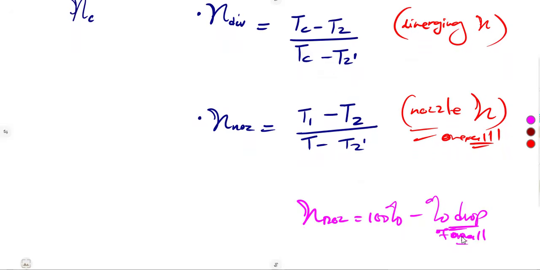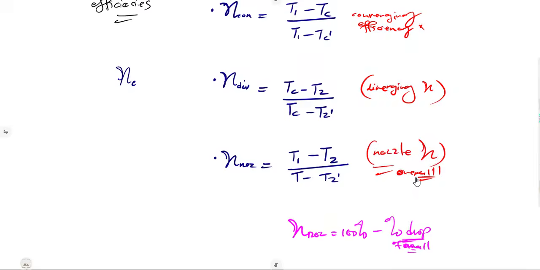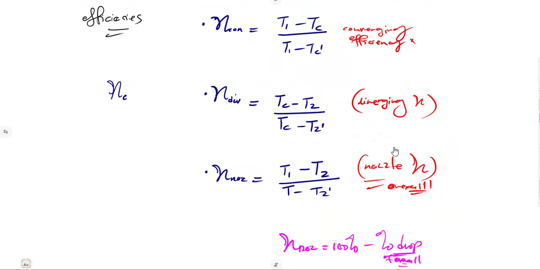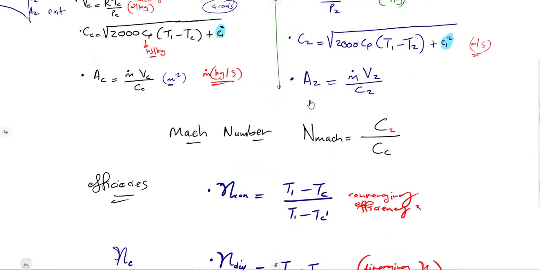As long as you are dealing with that drop, you can subtract it from 100% so that you have your nozzle efficiency at the end of the day. So these are the formulas that we are going to use. Like I said, this part of nozzles is an interesting topic. That's why I had to do this, so that when we do questions, guys, you understand me.